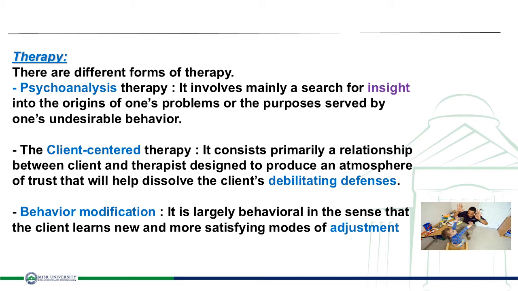Now, to summarize, we said we have three main tasks of the clinical psychologist. Number one, assessment, including diagnosis. Number two, therapy or treatment. Number three, prevention. What about prevention?